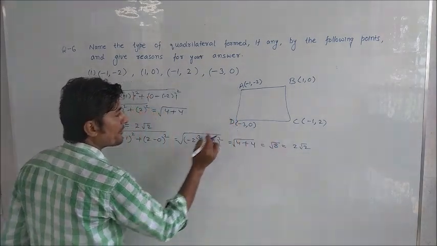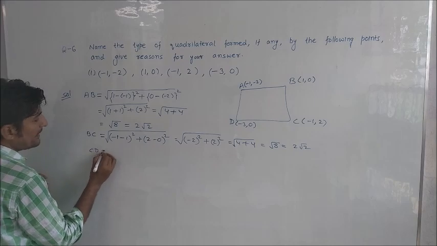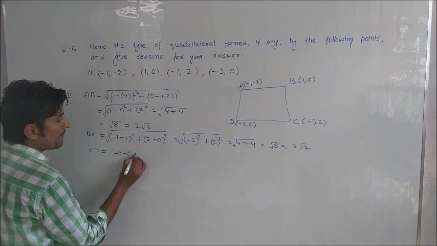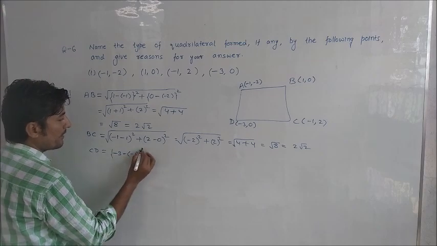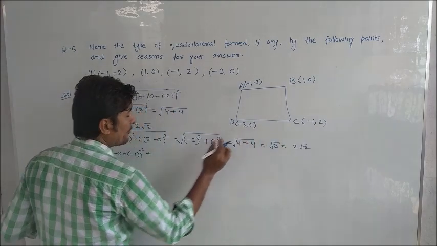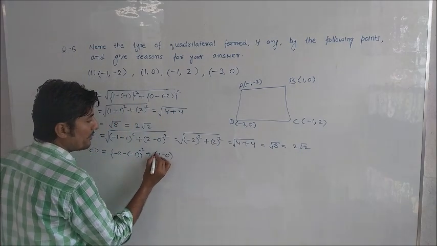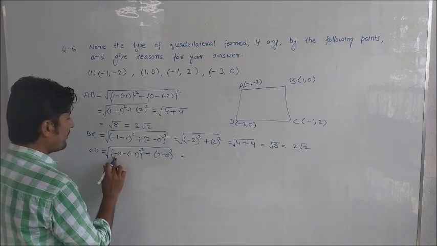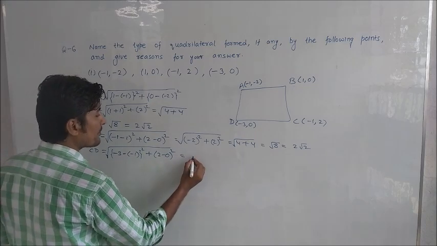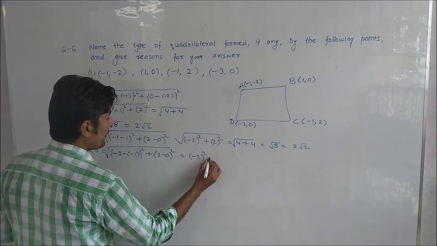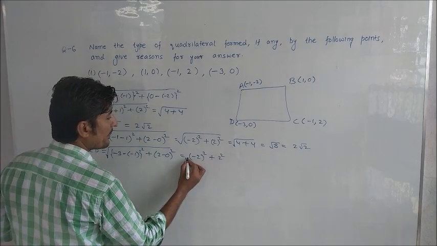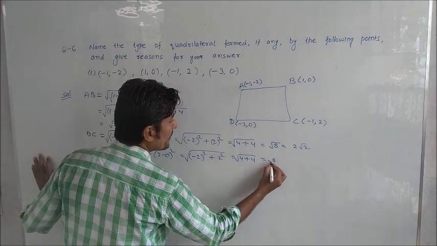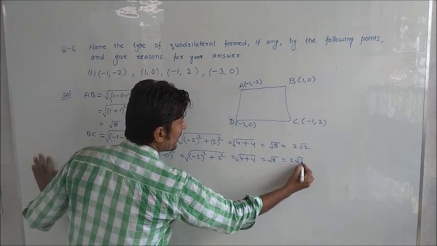Then we will find the measurement of CD. CD will be equal to (-3 minus -1) whole square plus (2 minus 0) whole square. Here we can write -3 plus 1 is -2, square, plus 2 square. Again 4 plus 4 is under root 8, that can be written as 2 under root 2.